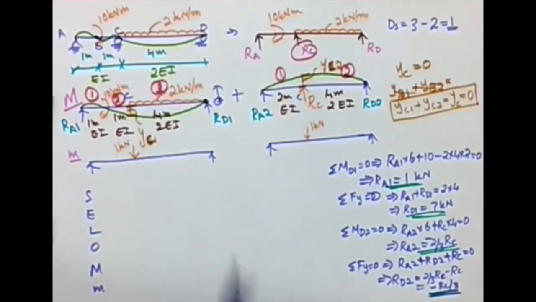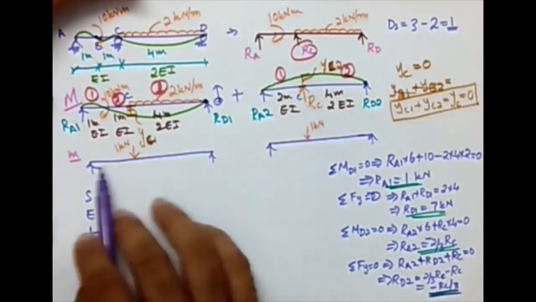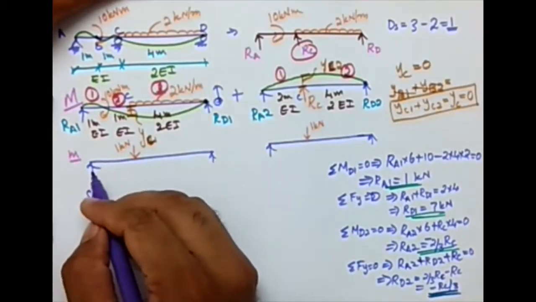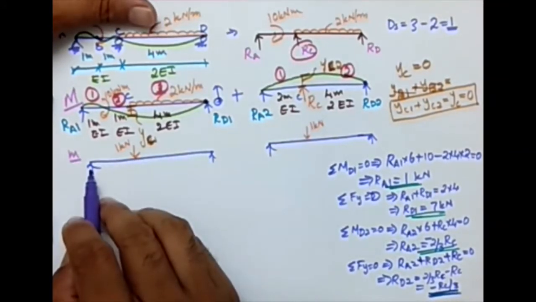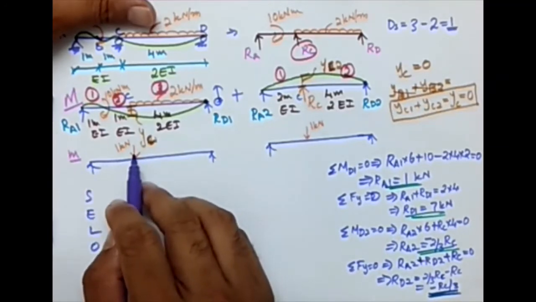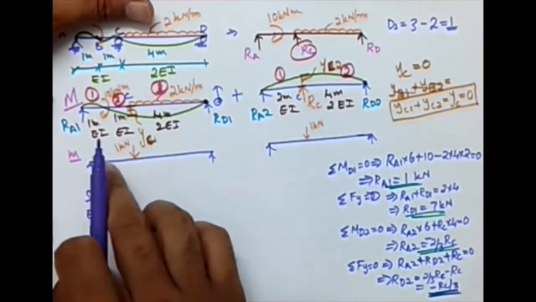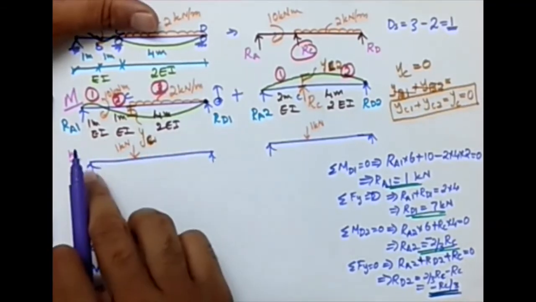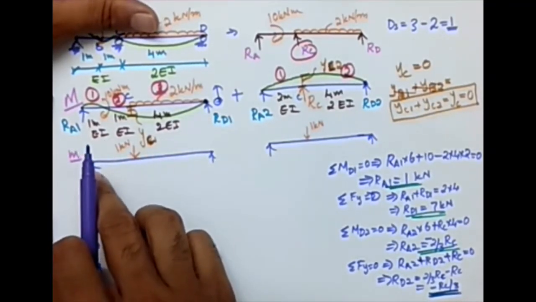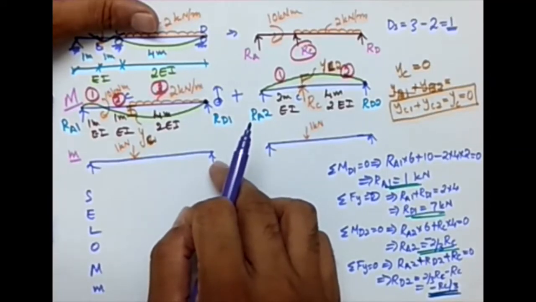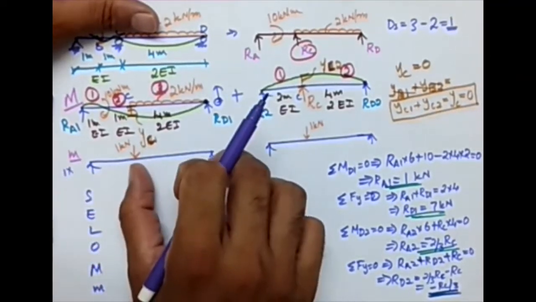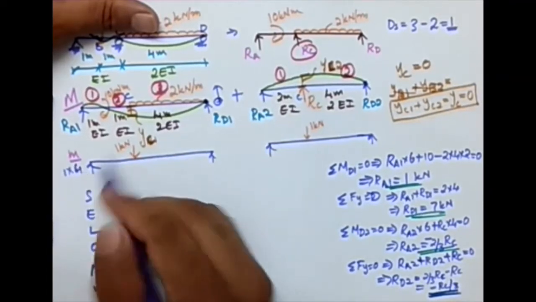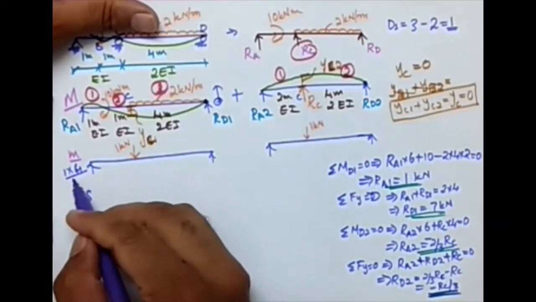And what about here, in the unit load figure? What are going to be the reactions? If this is 2 meter, this is 4 meter, what will be this value? I hope you remember the shortcut. If there is a point load on a simply supported beam, if this is A, this is B, this will be WB by L and this will be WA by L. So basically this is 1 times this distance, that is 4, divided by total, that is 6.